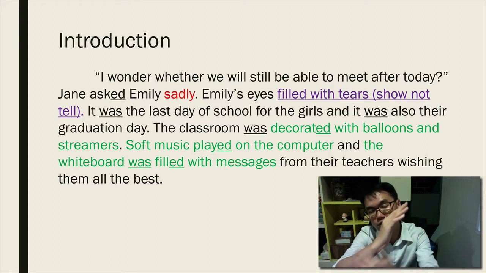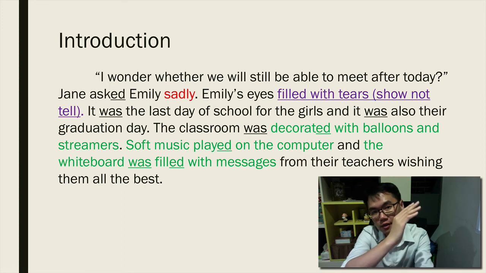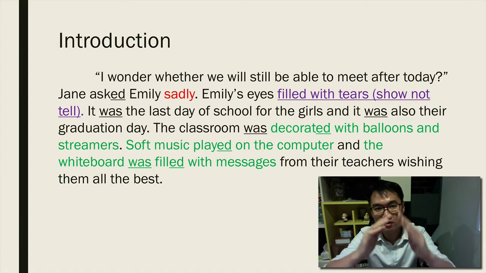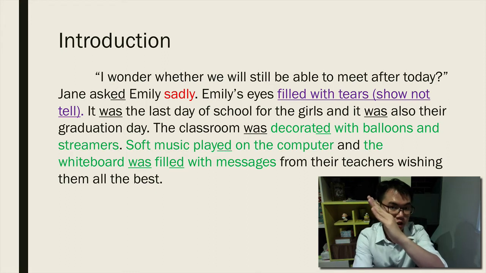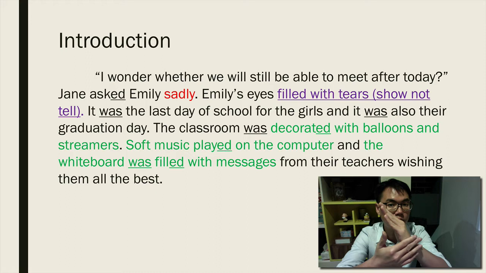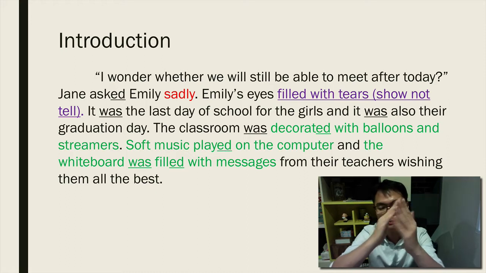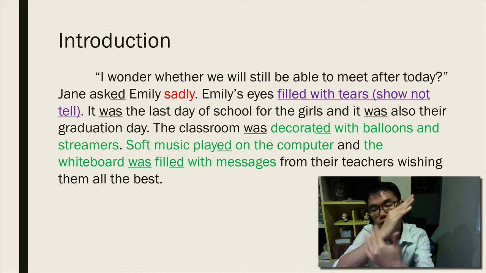The falling action, or conclusion and coda, my right forearm and my right elbow. So this is the story mountain that my story must follow. Introduction, rising action or problem, climax, and conclusion and coda.